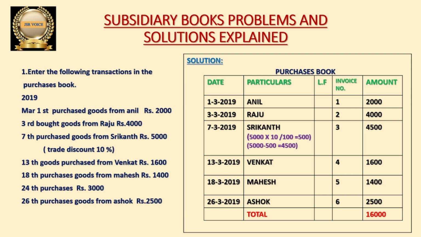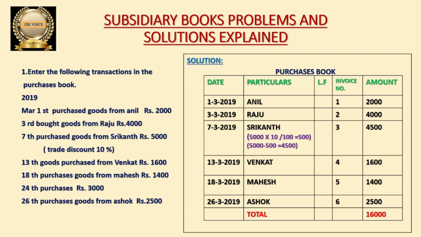That is trade discount. That should be deducted from total amount, that is 5000. 5000 minus 500, you will get 4500. So after deducting discount, whatever amount you get, that is 4500, that will be recorded in the amount column. So I recorded in the amount column 4500. Hope this is clear for everyone.